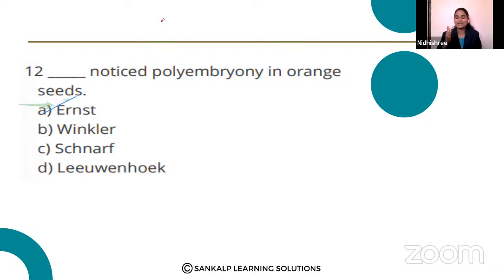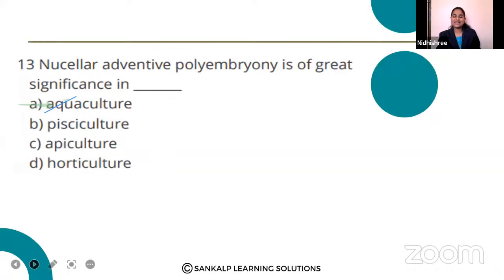The questions are not like options A, B, C, D. Think over it. Read the question properly and then answer. Only one person answered it correctly till now. The right answer is option D, Leeuwenhoek. So this can be answered only by the people who read the textbook.